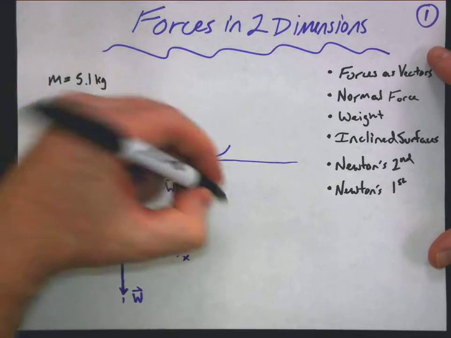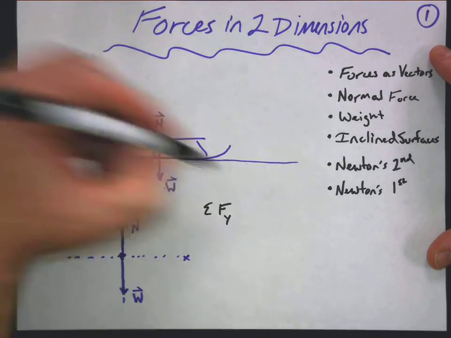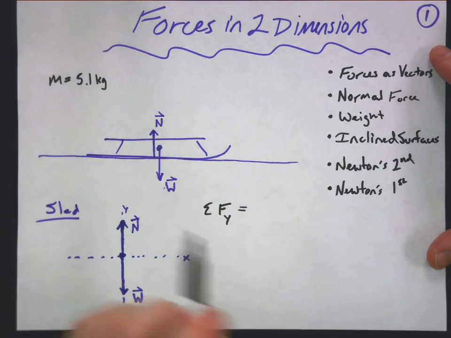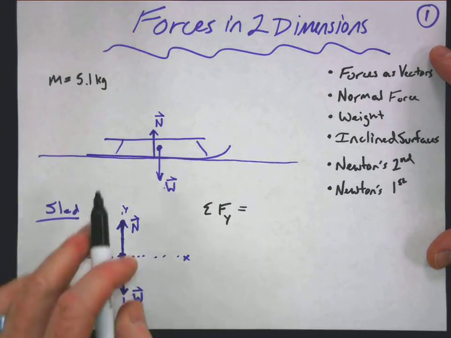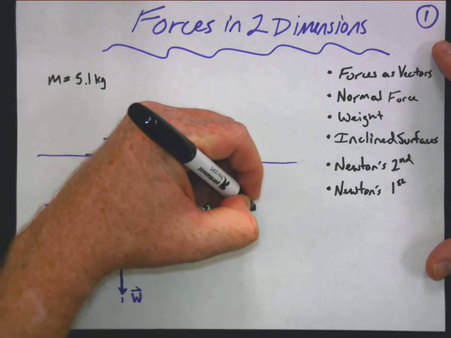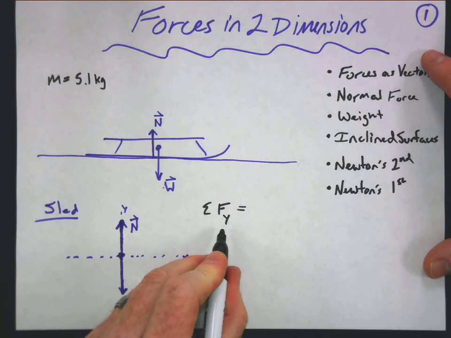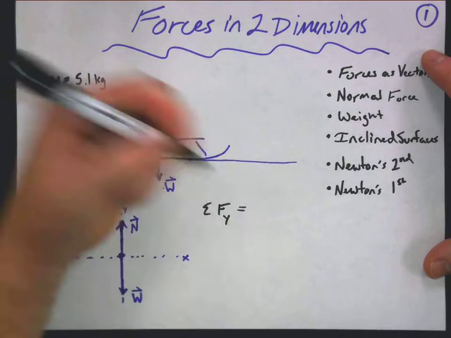Here's a proper way of looking at that. I have sum of forces in the y direction. And I can observe that there is zero acceleration in the y direction. This thing is not accelerating upward or downward. I see that. So I know that sum of forces is one way of looking at net force, but I'm only looking in the y direction here, vectors, right?